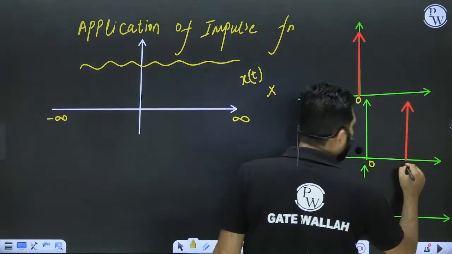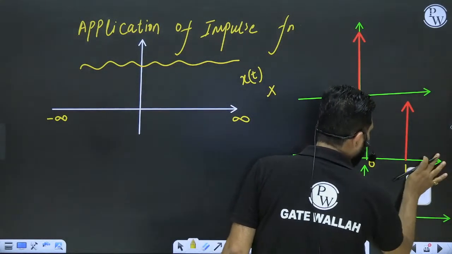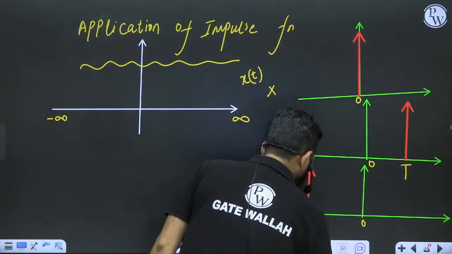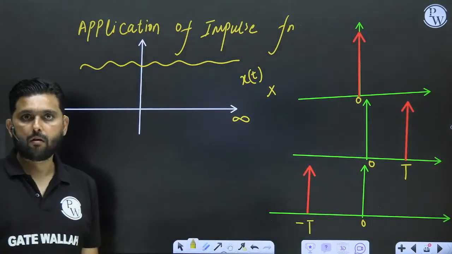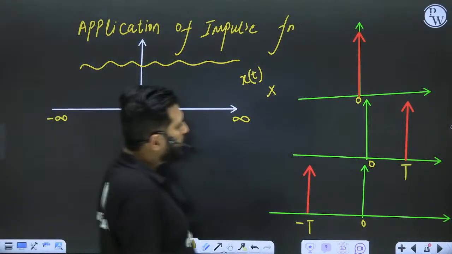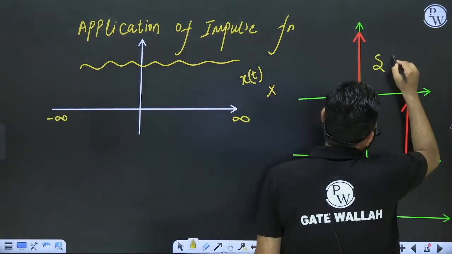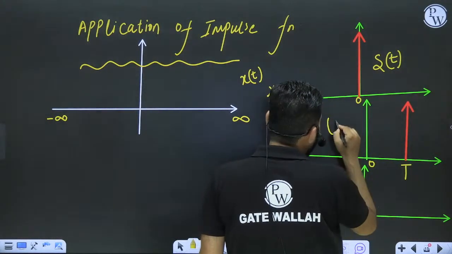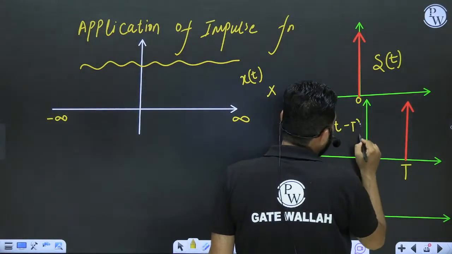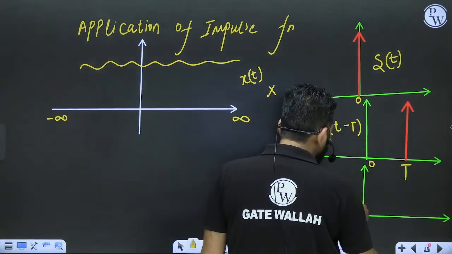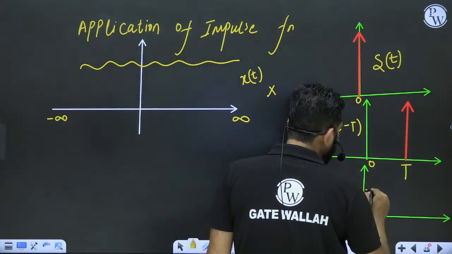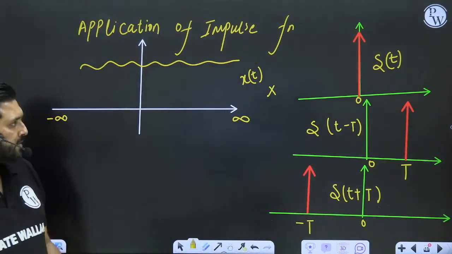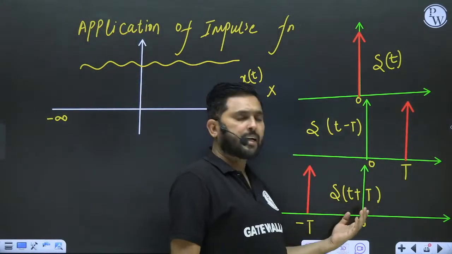Let's consider this to be capital T, and this is minus T. So you will write this as delta t, this is delta t minus T, and this is delta t plus T.